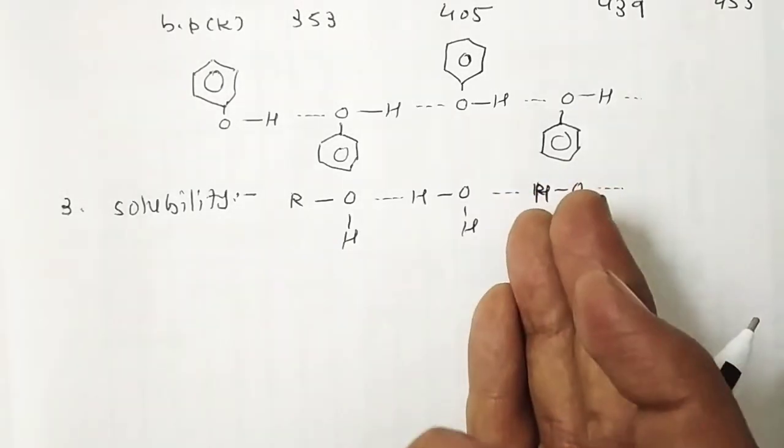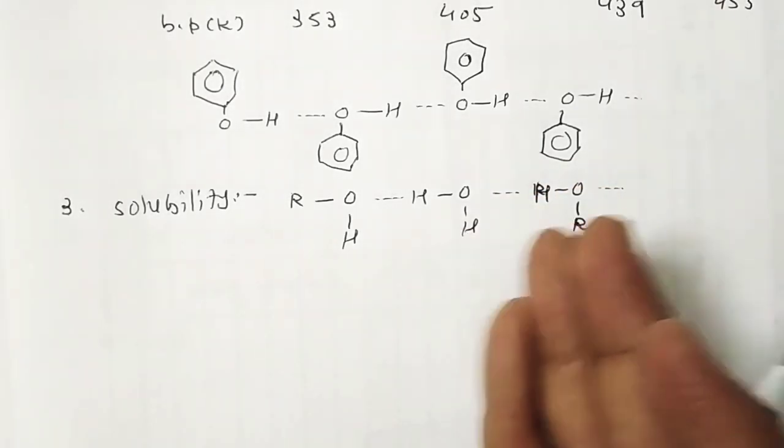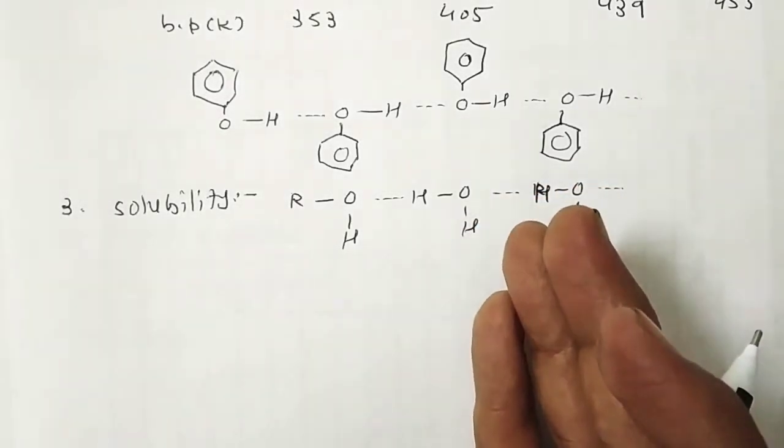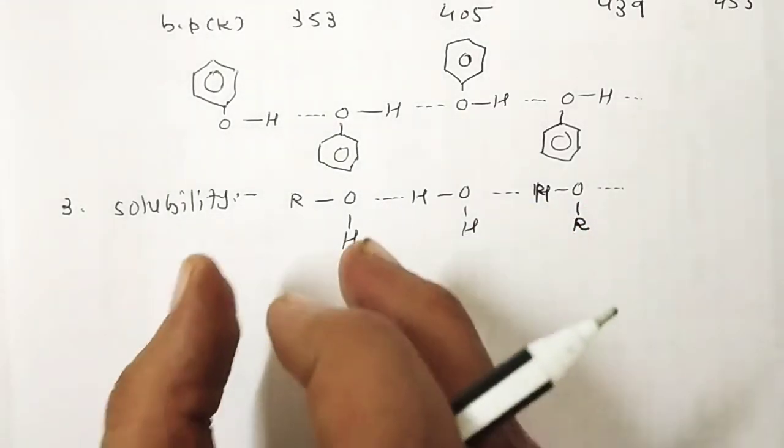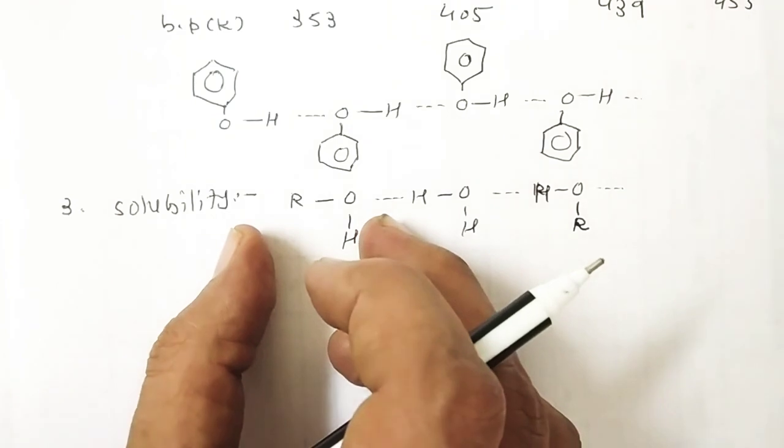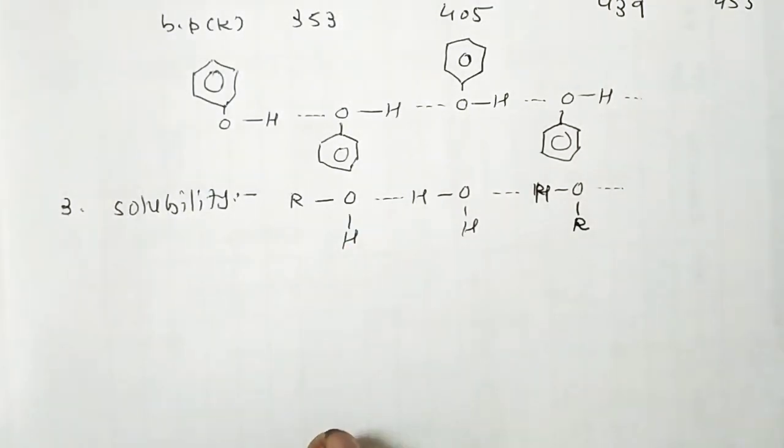Same way in the case of phenol, they definitely form the same type of bond because phenol is also connected with water. So the lower alcohols are highly soluble in water, but the solubility decreases with the increase in molecular mass of the alcohol. The solubility of alcohol in water is due to the formation of hydrogen bonds between alcohol and water molecules.